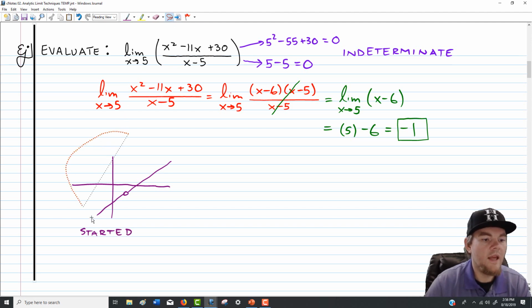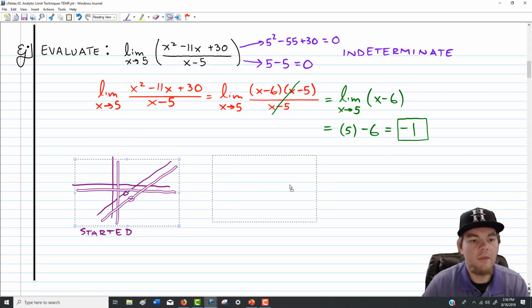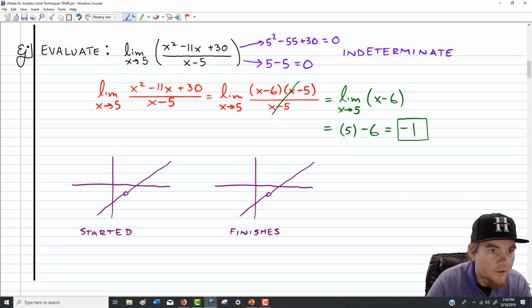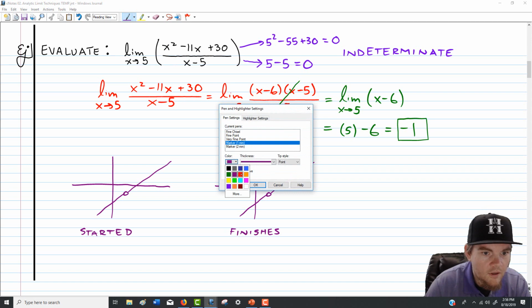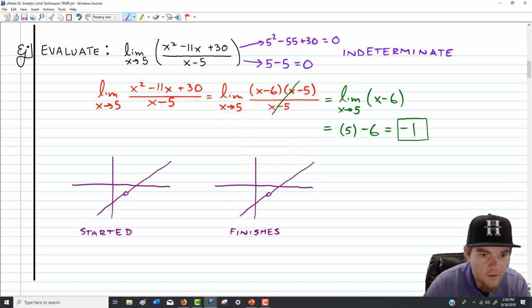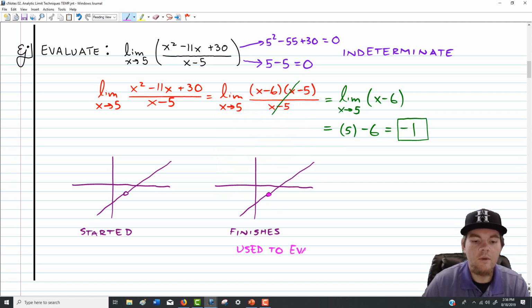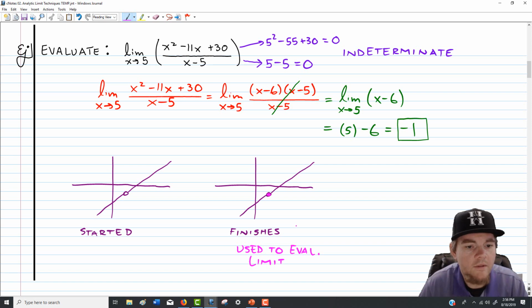And then after doing that algebraic manipulation, which again you'd probably just call factoring, what we were able to do was find the exact same function, except this version had that point filled in, in which case evaluating the limit was easy. So we use this to evaluate the limit because it was cleaner and simpler, and it was exactly the same everywhere except at one point.